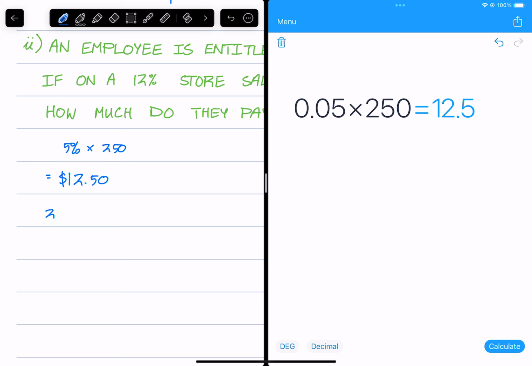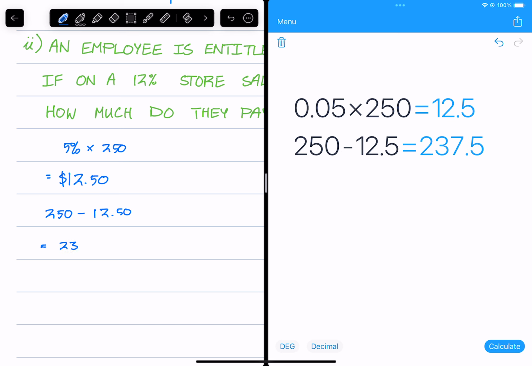Then we take the original amount and we subtract that first discount. So 250 minus $12.50 gives you 237.50. So that is the first discount.